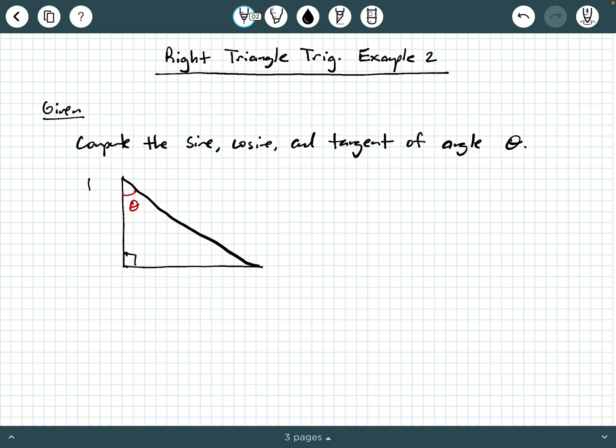The height of this right triangle is given to us as 1 meter, and the length of this right triangle is given to us as 1.5 meters, okay? And so again, this is all of our given information. So you want to write this down, and now we are ready to attack the solution to this problem.